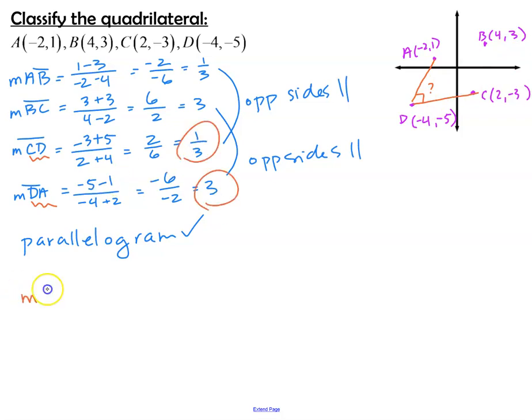So the slope of CD is 1/3, and the slope of DA is a +3. Now, these are reciprocals, but they are not opposite because they're both positive. So again, they are not perpendicular, which means that the sides do not form right angles, and so we do not have a rectangle.